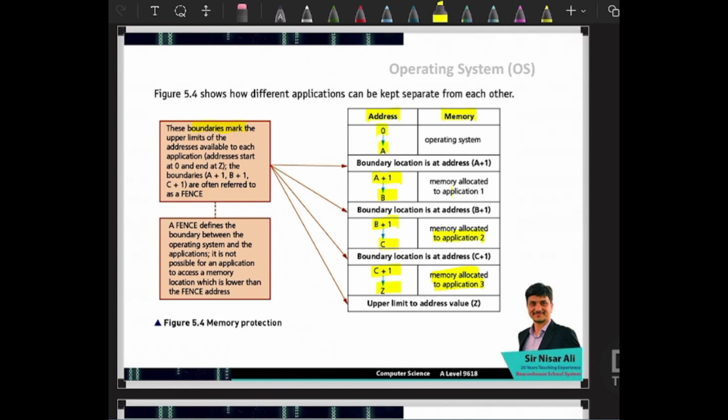These boundaries mark the upper limit of the address available to each. Plus 1 means starting from the next space.